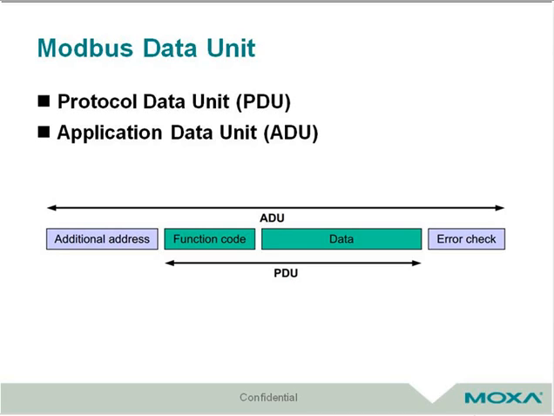With the address and error check, it is called the Application Data Unit, the ADU. For the following slides, before the second section, how Modbus works, we only talk about the PDU. Since the second section, we will discuss the ADU.